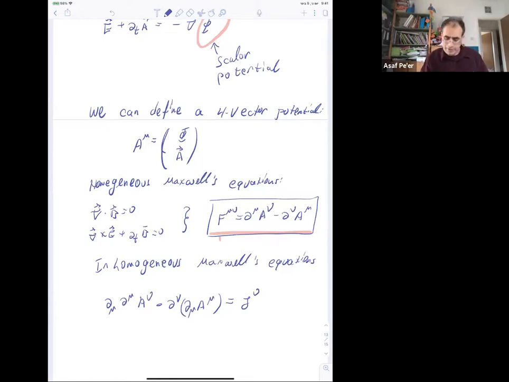I know it looks a little bit abstract, but there is a good reason why it is like that, and it's going to be simplified very shortly.